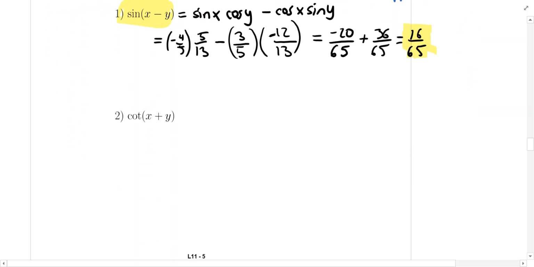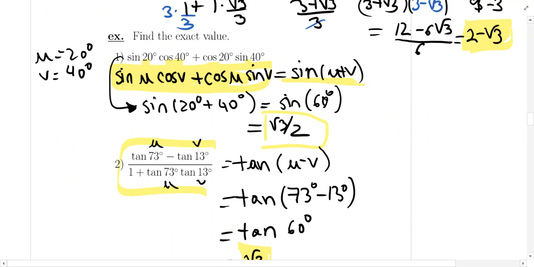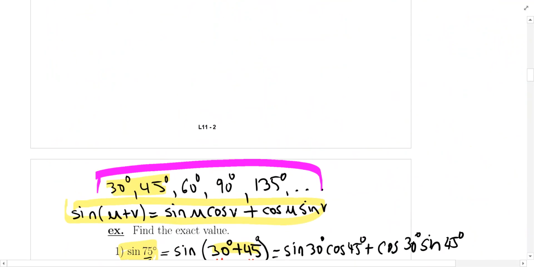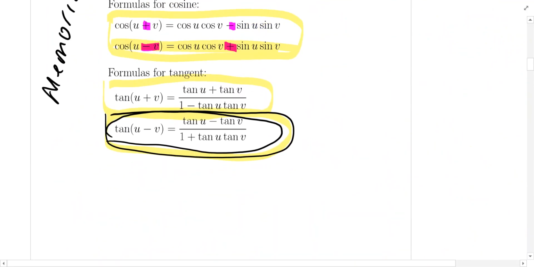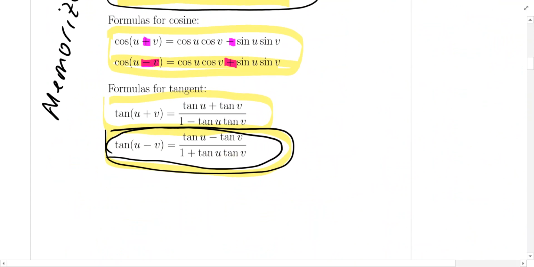Now similarly, we've got to do cotangent of x plus y. So we've got to look at the formula. What's cotangent? It doesn't look like they give us a formula in here, but we know that cotangent is the reciprocal of tangent. So cotangent of x plus y, or u plus v, is going to be 1 over tangent of x plus y.